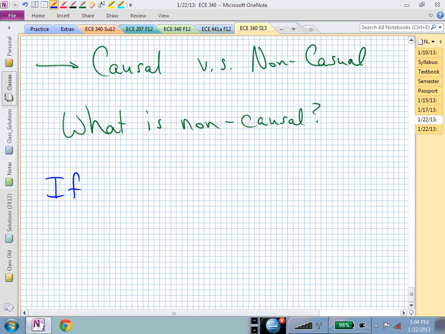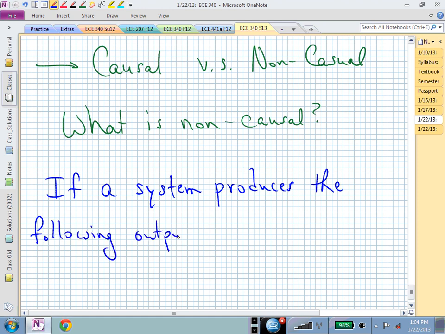All right, so here it is. If a system produces the following waveform or response, let's say if a system produces the following output from a unit step, and remember, what does a unit step input look like? When does it begin?